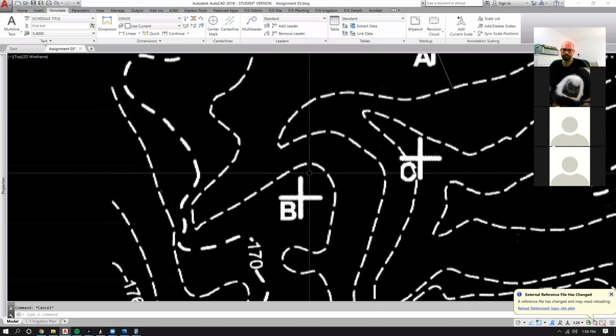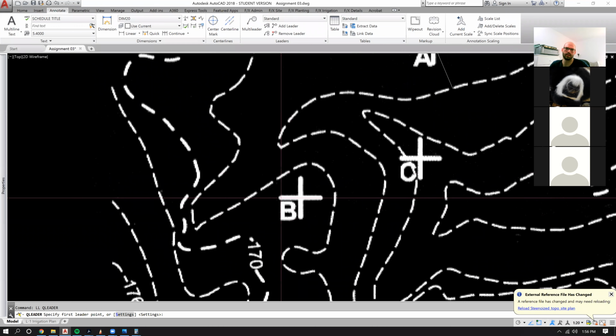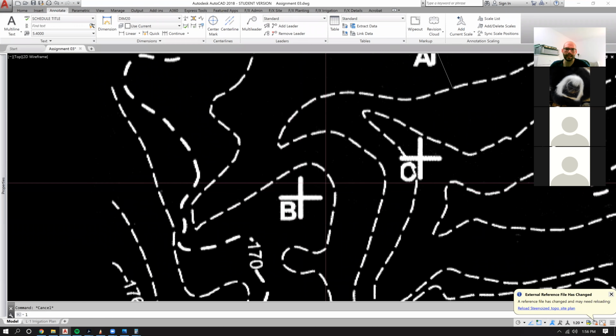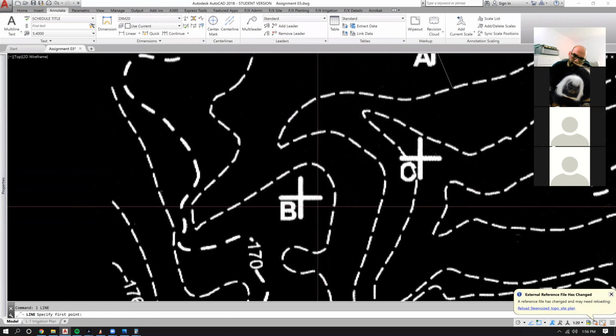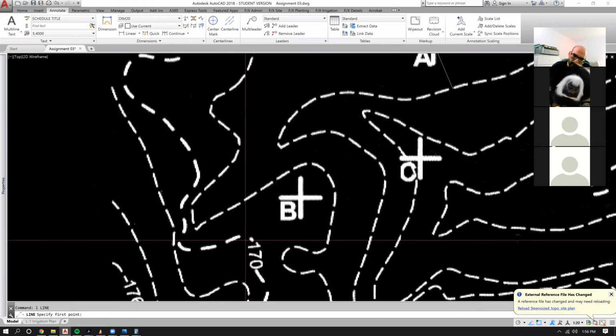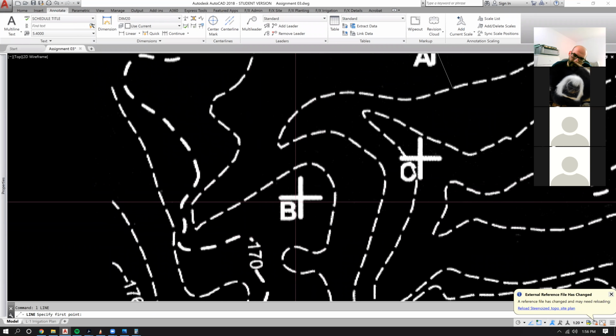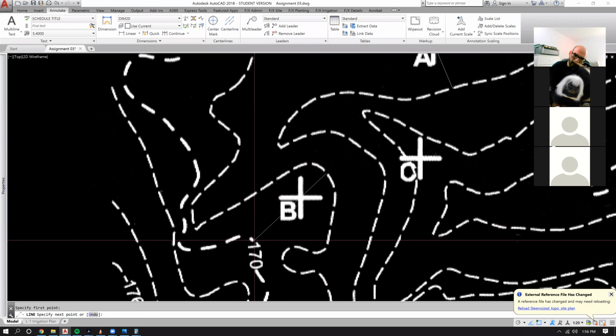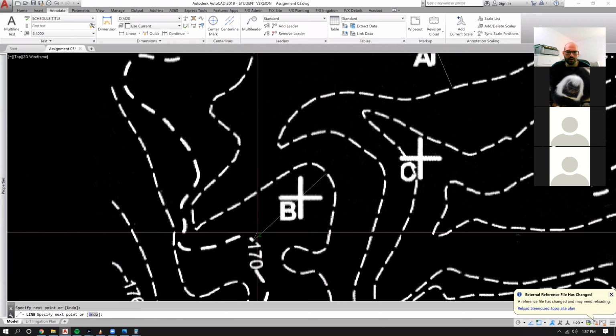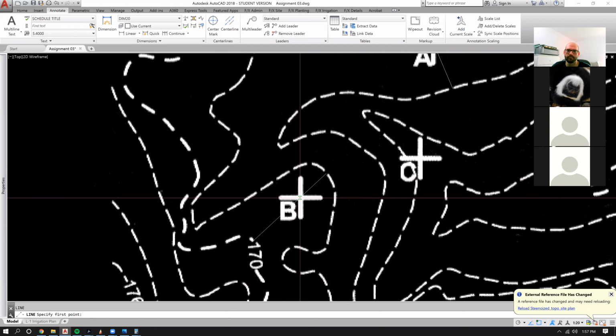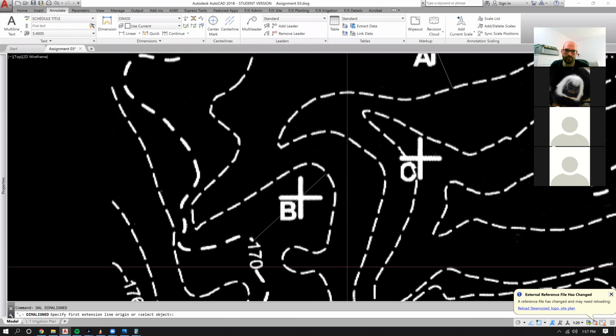Okay, so we'll do B. I'm going to draw my line as perpendicular as I can get it. Looks like something like that, probably. Then I'm also going to draw another line. In real life, you just draw the one line, take your ruler, and measure the one and measure the other.